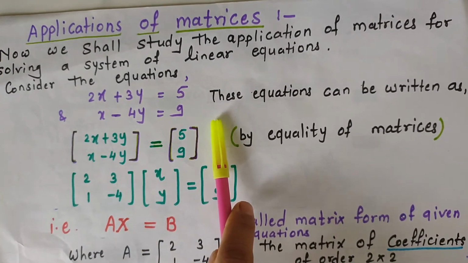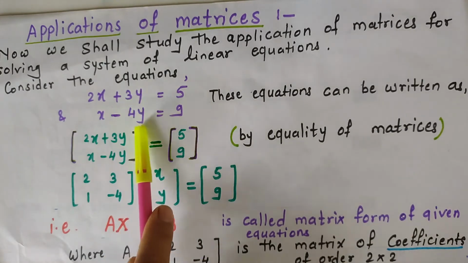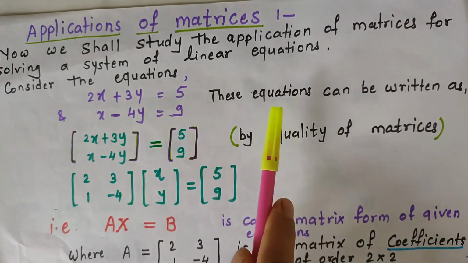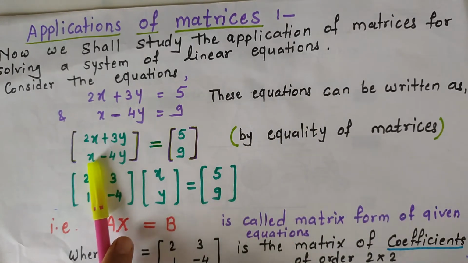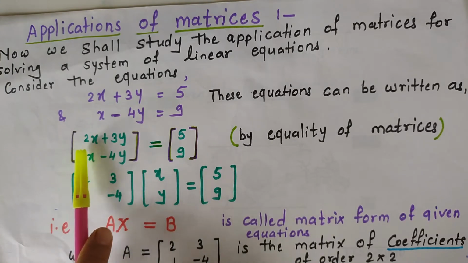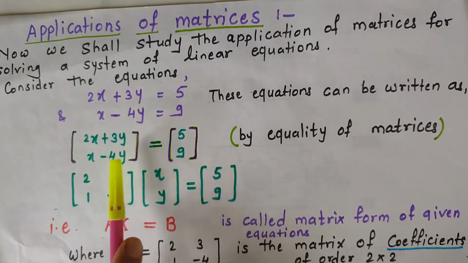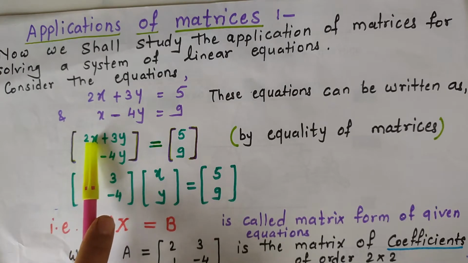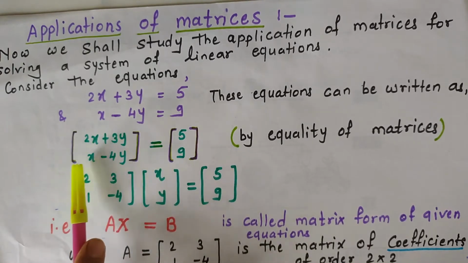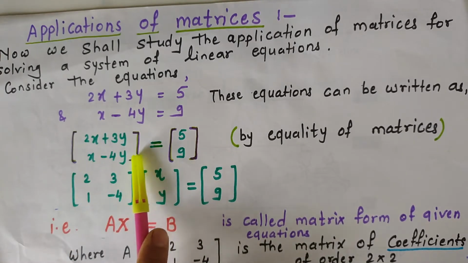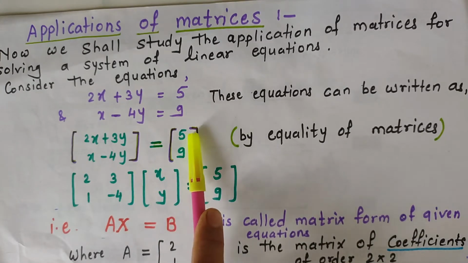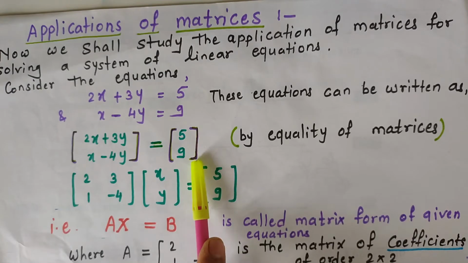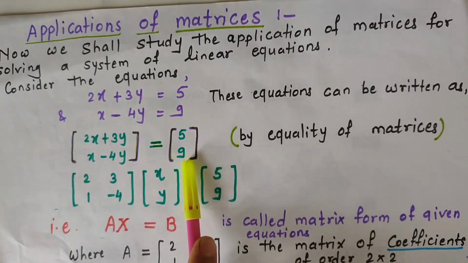the second equation. These two equations can be written in matrix form in this way. The first matrix has entries 2x plus 3y and x minus 4y, a column matrix, equal to a second column matrix with elements 5 and 9.